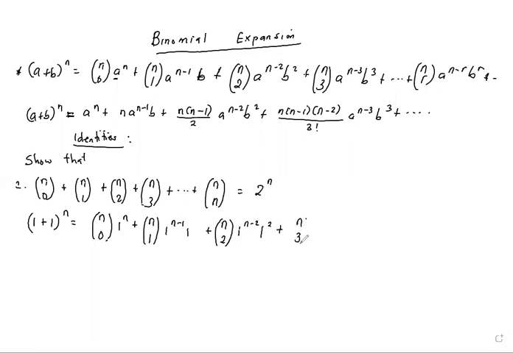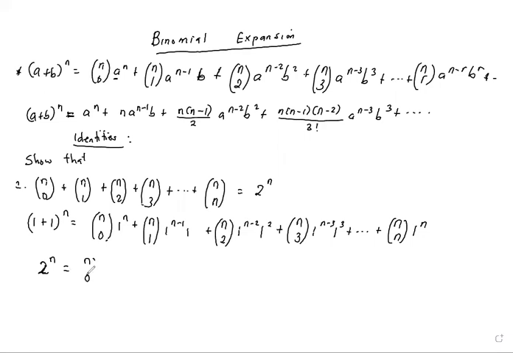We'll have n3, we'll put 1 to the n minus 3, 1 cubed. We'll keep going until we get to nn, where there'll be 1 to the power n again. But the good news is that 1 plus 1 is 2, so we have found 2 power n. And 1 to power n is still 1, even if we don't know what n is.